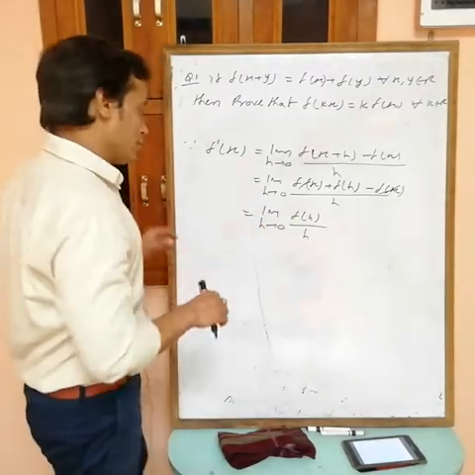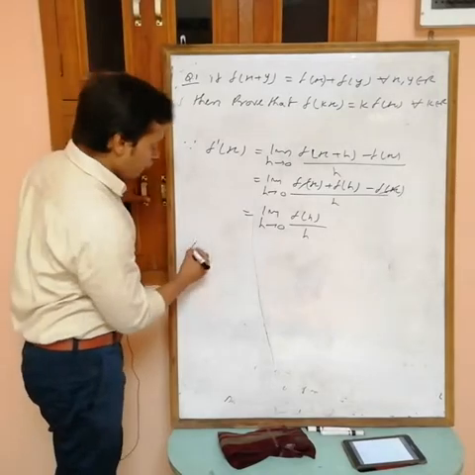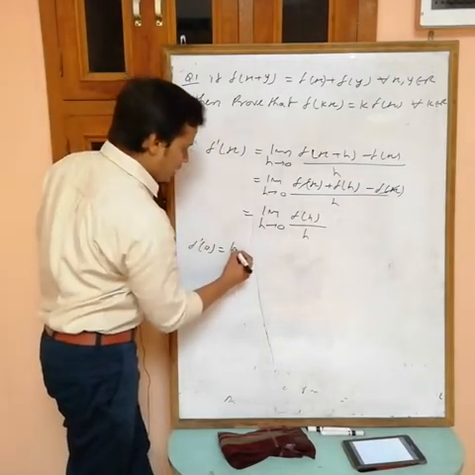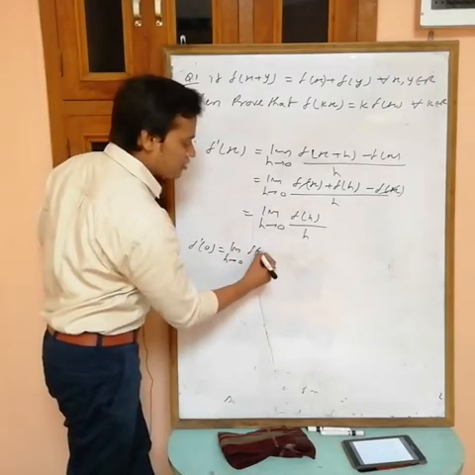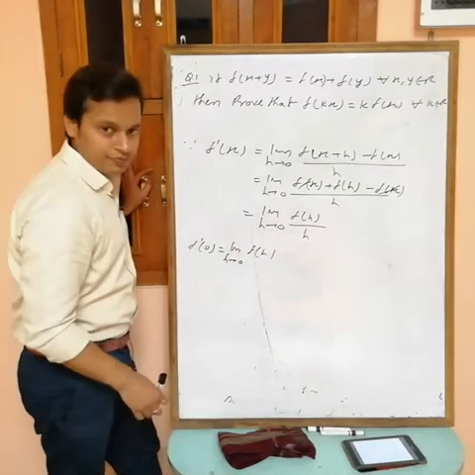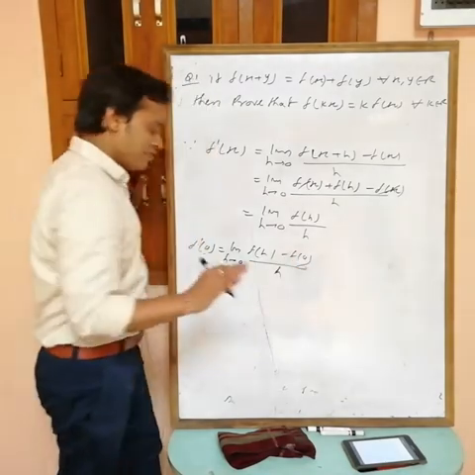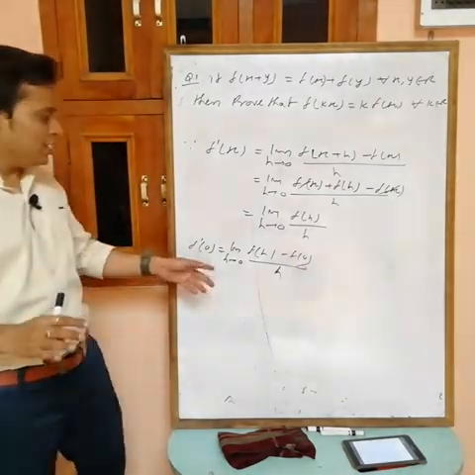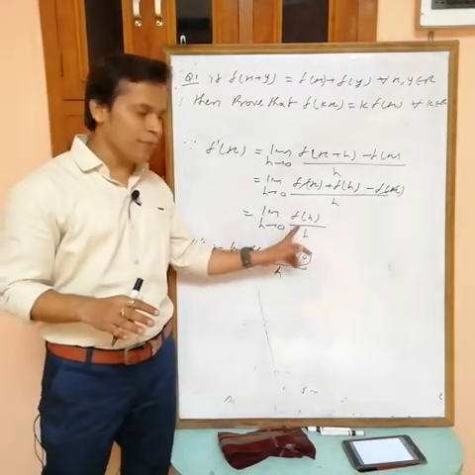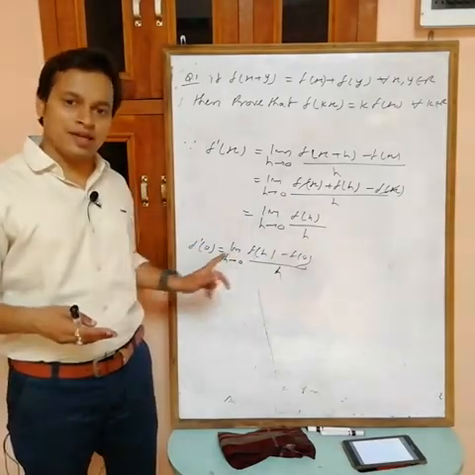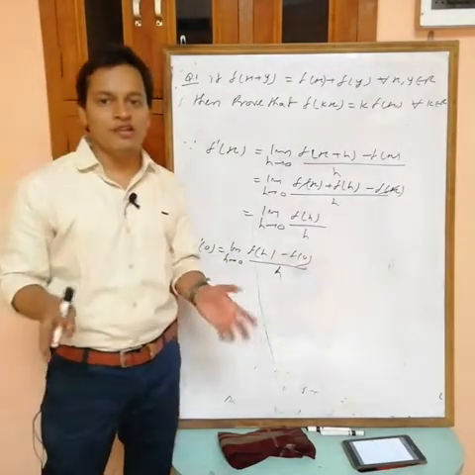Also, can you find f dash 0? Actually f dash 0, by using this formula, is limit h tending to 0, f(0 plus h) minus f(0), by h, that is f(h) minus f(0) by h. This is the value of f dash 0. Here we have f(h) by h; if there is minus f(0), then also you can write this one as f dash 0. So we have to find the value of f(0).